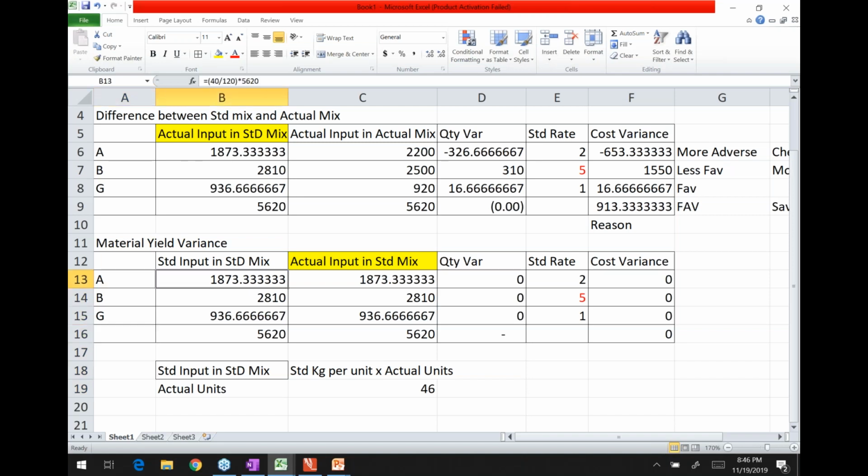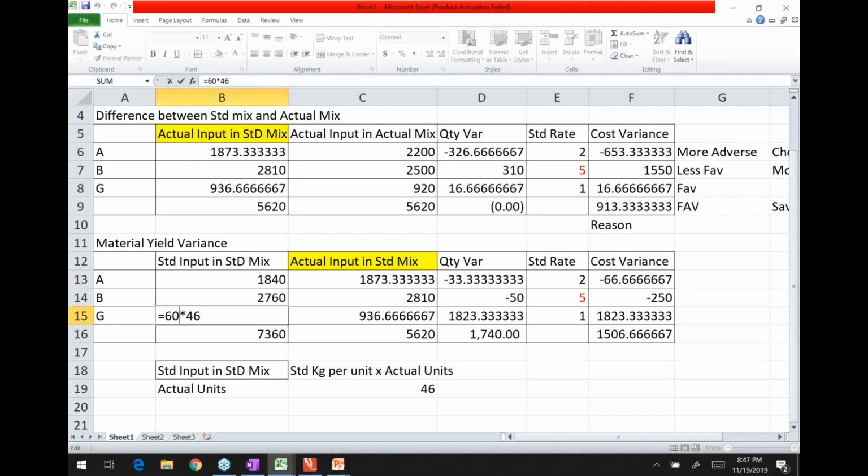Let's apply the formula. Standard kg per unit, 40 for alpha, into units, 46 units. Automatically you'll get the answer. See, automatically the magic is again happening here. 60 kg of beta into actual units of 46, and 20 kg of gamma into 46.